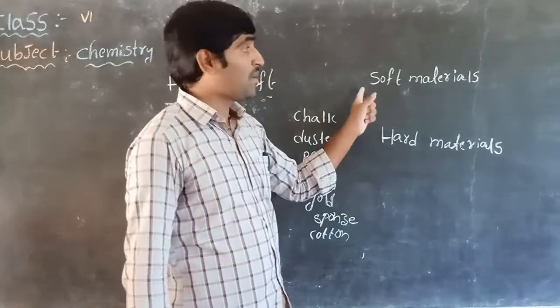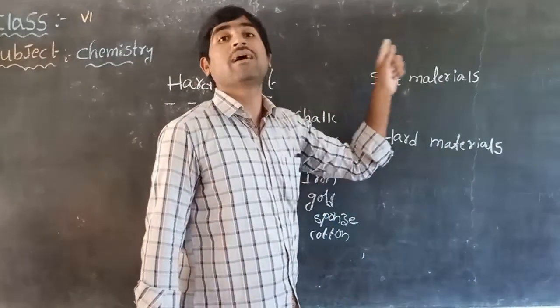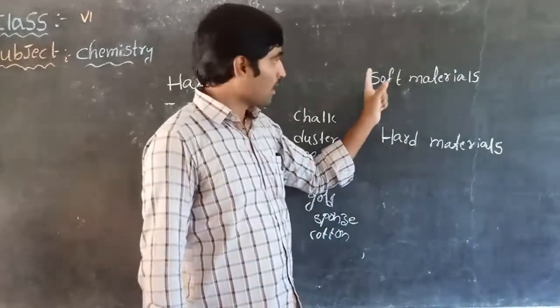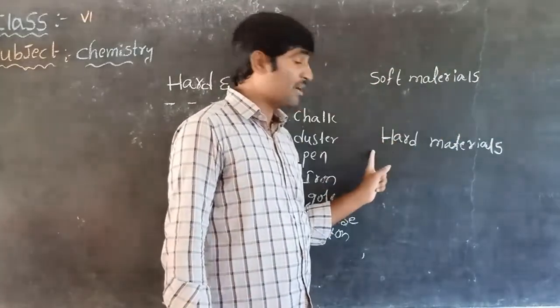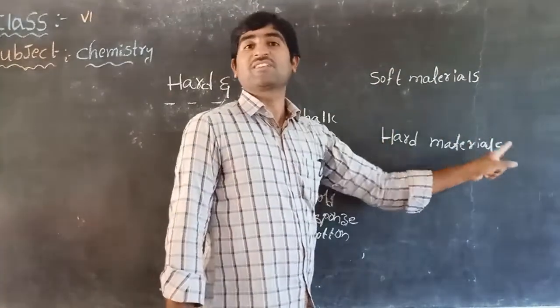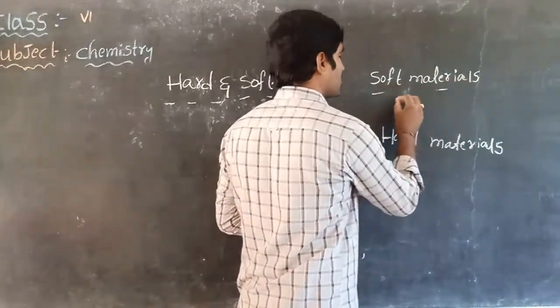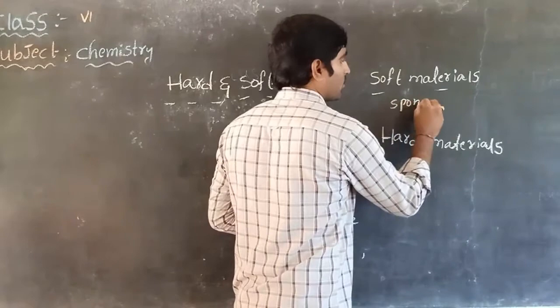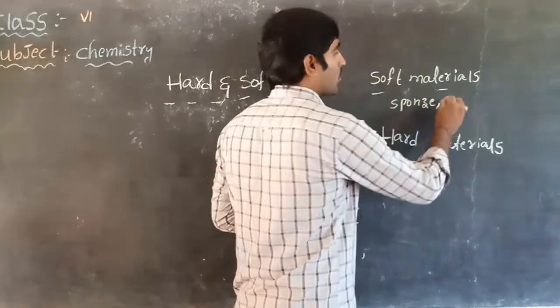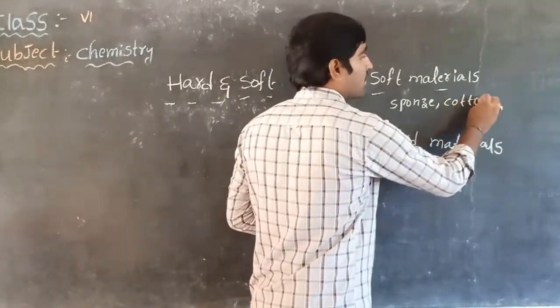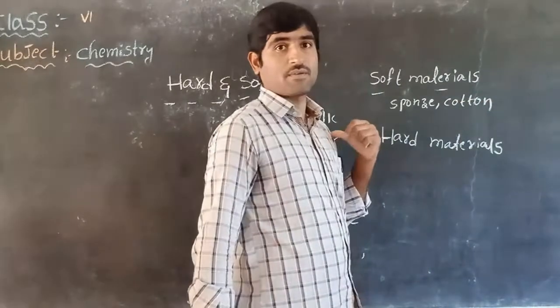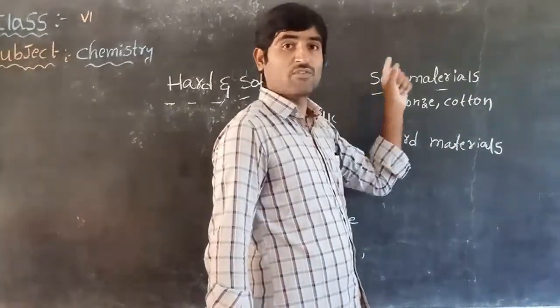Understood, children? Soft material means the materials which compress easily are called soft materials. The materials which do not compress easily are called hard materials. Examples for soft materials are sponge, cotton, duster.